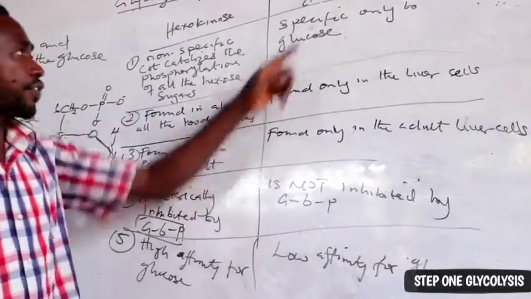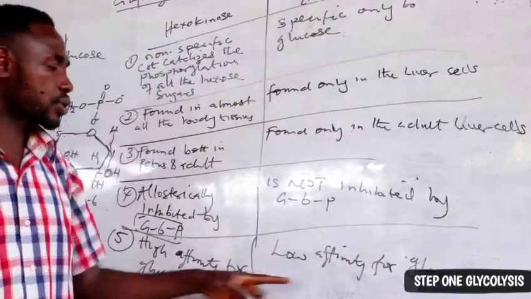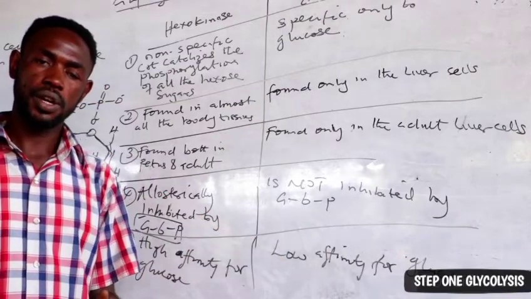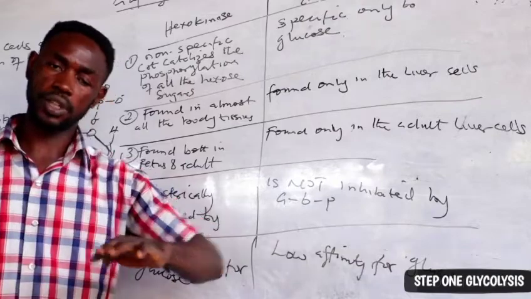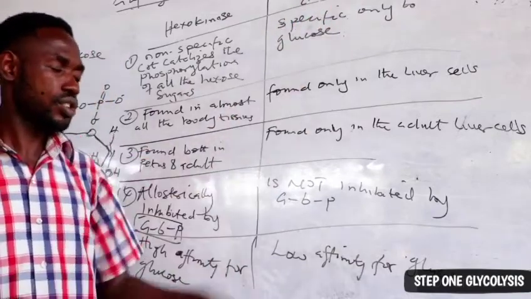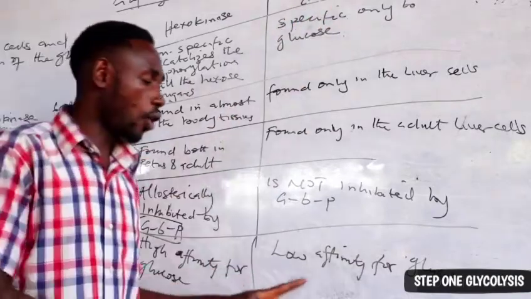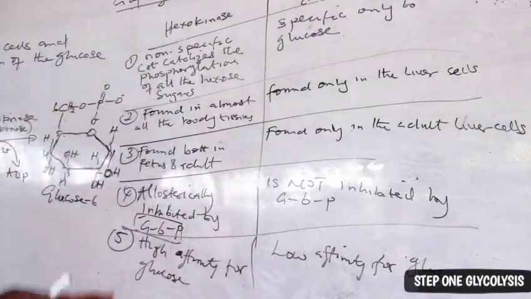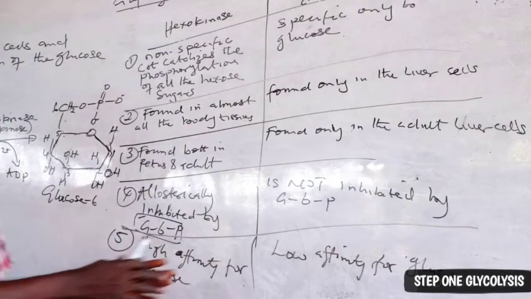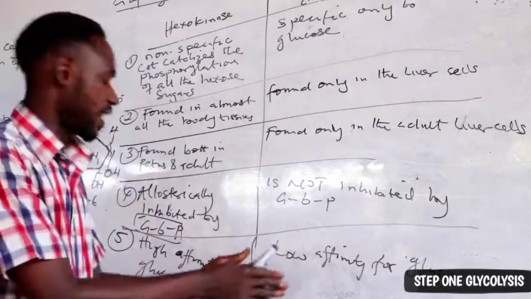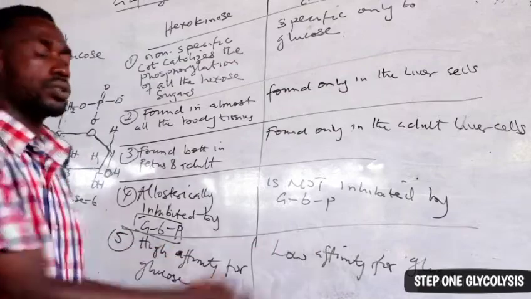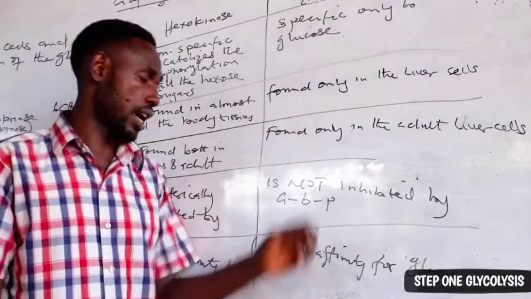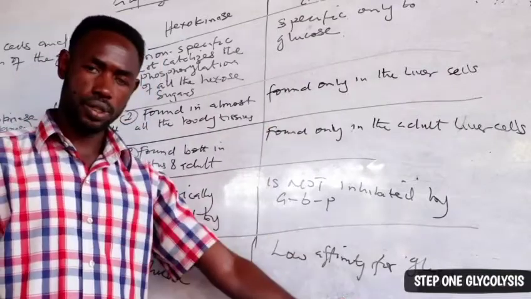The main reason for this enzyme to bind to glucose is to make sure that there is no excess sugar in the blood. The main aim of glucokinase is not to yield energy, rather to convert glucose to a storable form, probably glycogen. But just note this difference. This one has high affinity for glucose, this one has low affinity. The affinity of hexokinase for glucose is almost 50 times that of glucokinase, far more than the affinity of glucokinase to glucose.